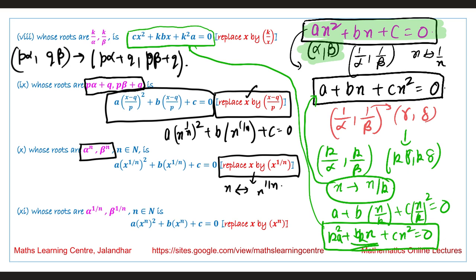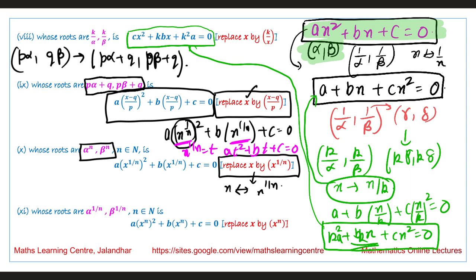If we substitute x raised to power 1 by n is equal to t, this will become a t square plus b t plus c is equal to 0.